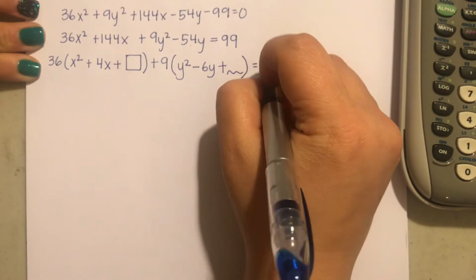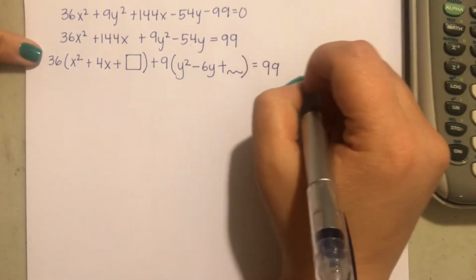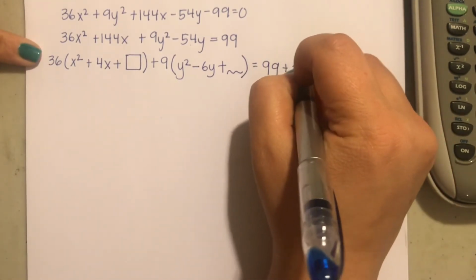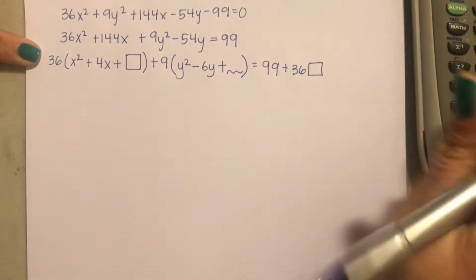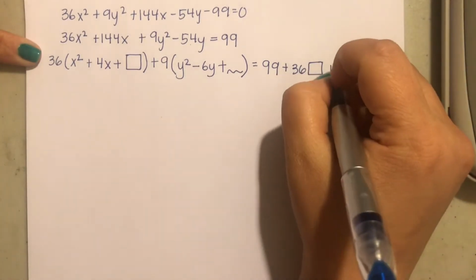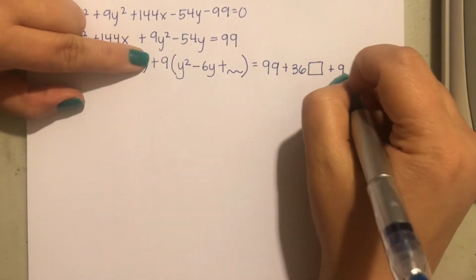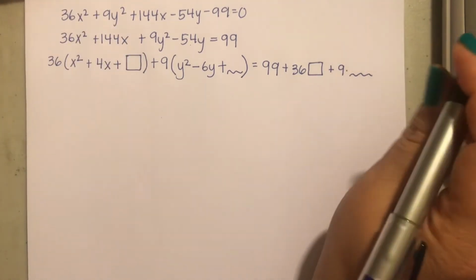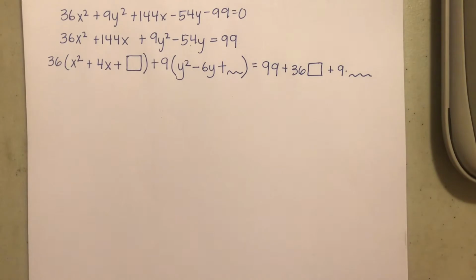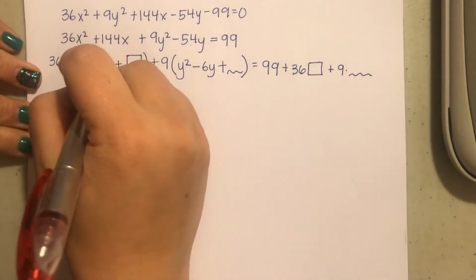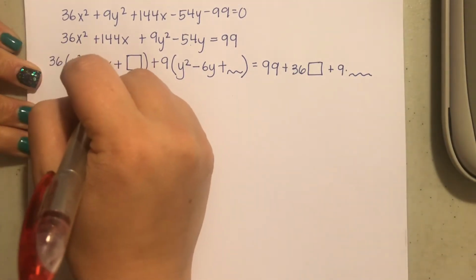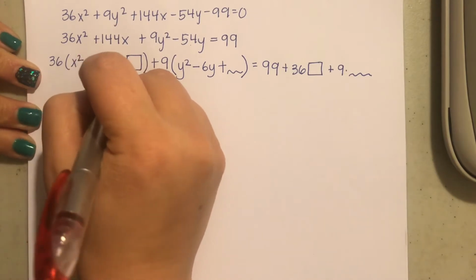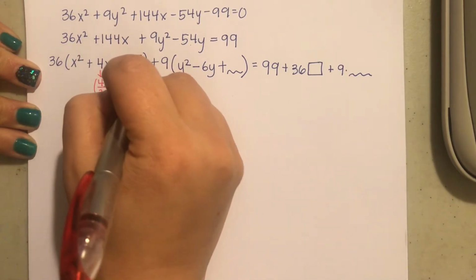This is equal to 99. Over here we have plus 36 times whatever number ends up in that box. Over here we have plus 9 times whatever number ends up in the squiggly empty space. Okay, so here we're going to end up with 4 over 2 squared, which is 2 squared.